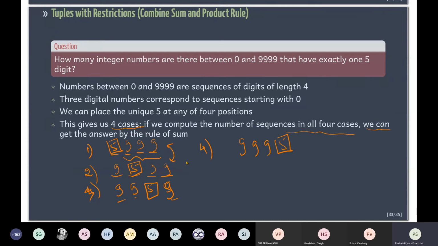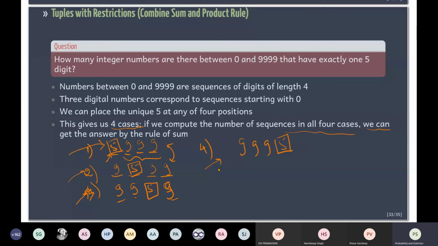So we are combining two things here, the sum rule and the product rule. First we fix the 5 in one place, and then in the remaining places we have 9, 9, 9, and we are talking about tuples here, so we have the product rule. It will be 9 times 9 times 9 possibilities for this case, 9 times 9 times 9 for the second case, the third case, and similarly the fourth case.